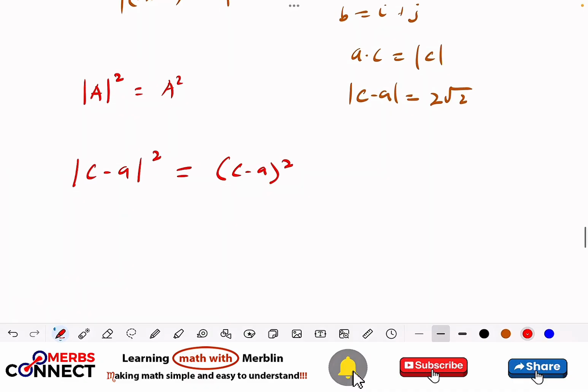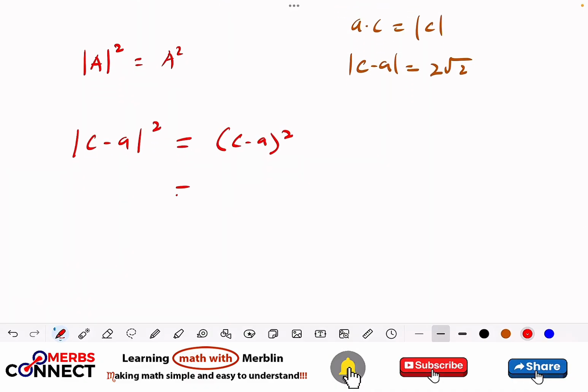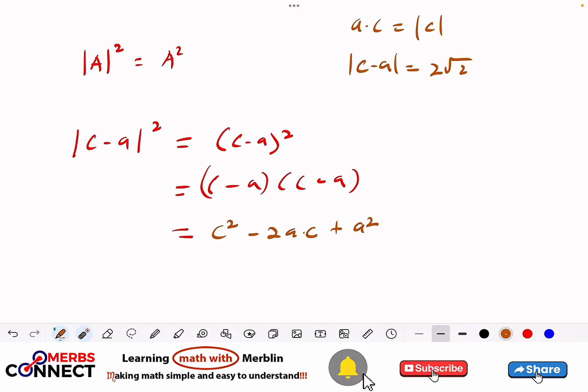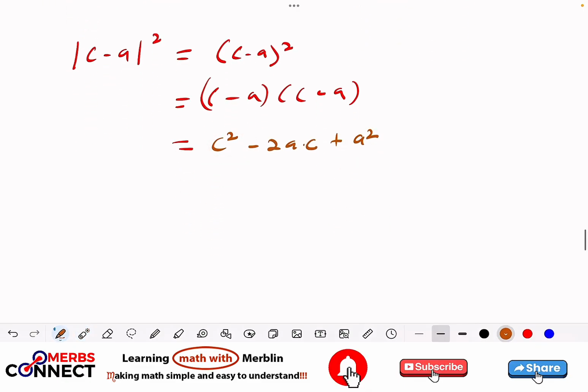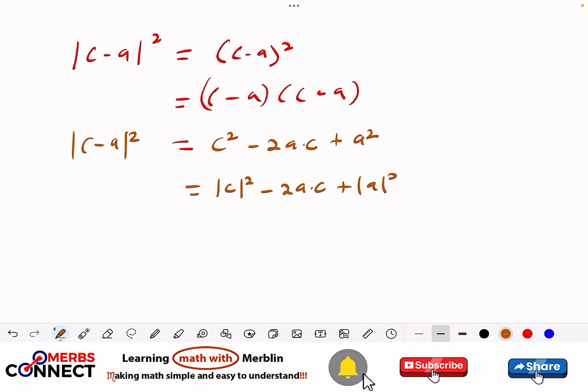When I expand this one with absolute, this is going to be C minus A times C minus A. This is the same as C squared minus 2A dot C plus A squared. We know that A squared and C squared can be written as this, so the absolute of C minus A squared is the same as the absolute of C squared, then minus 2A dot C plus the absolute of A squared.